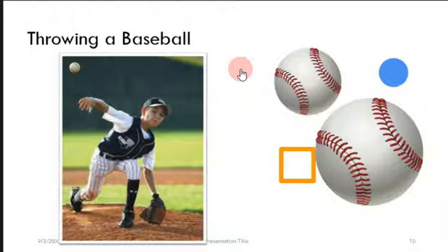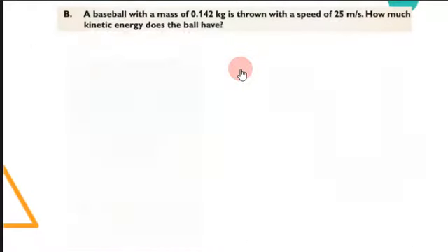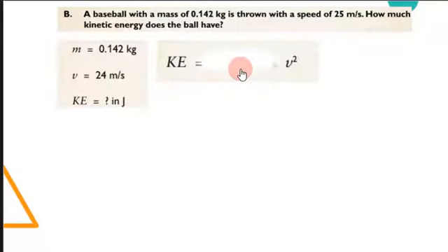Okay, so let's see, we're gonna be looking at this kid throwing a baseball. A baseball with a mass of 0.142 kilograms is thrown with a speed of 25 meters per second. How much kinetic energy does the ball have? Alright, we're just gonna use our formula right here. We're looking for KE, alright? So we have our mass, we have our velocity, and we're looking for our joules. So here we go.